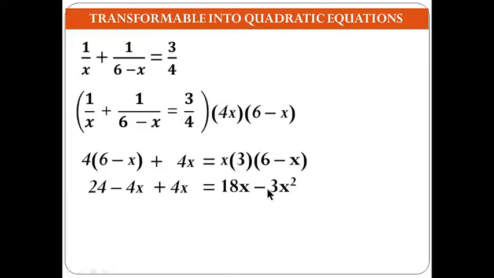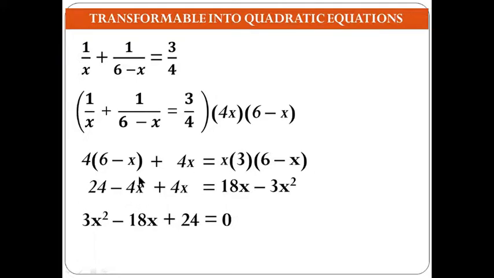After multiplying or simplifying, combine similar terms. So, yung ating negative 3x squared, yun ang mauna dito kasi siya ang may highest degree. So, 3x squared. Then, yung positive 18x, i-transpose dito sa left side, magiging negative 18x plus 24.